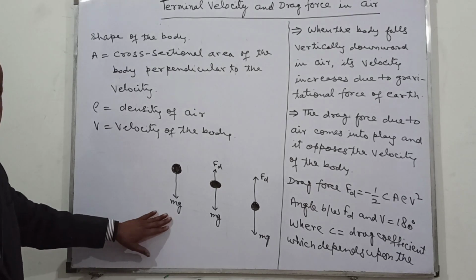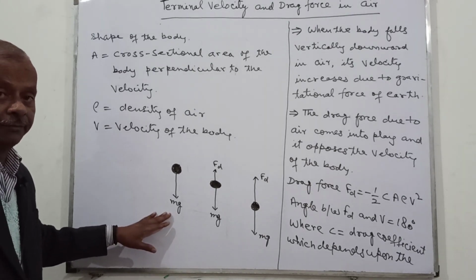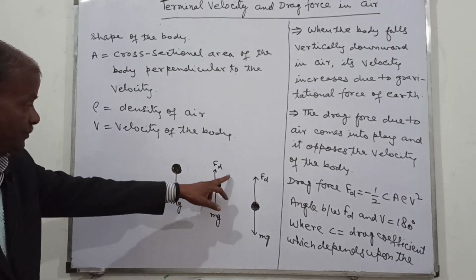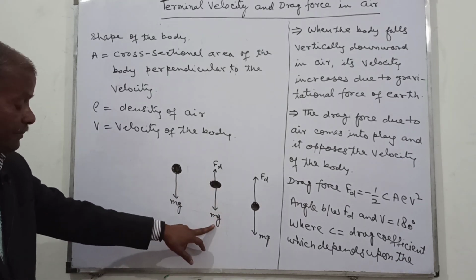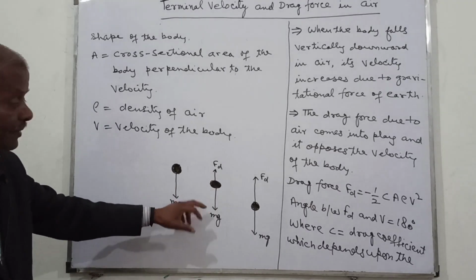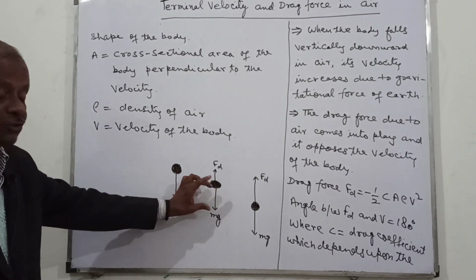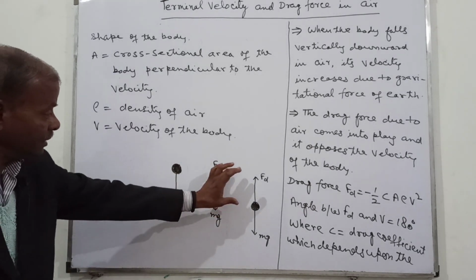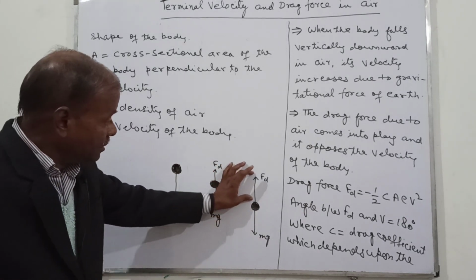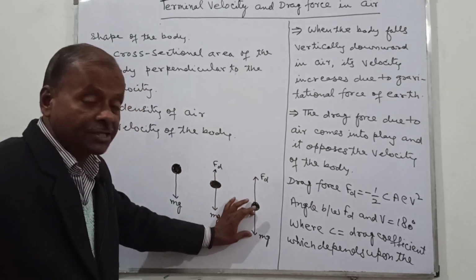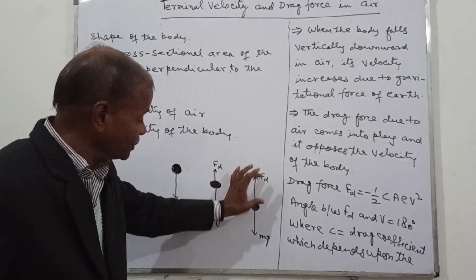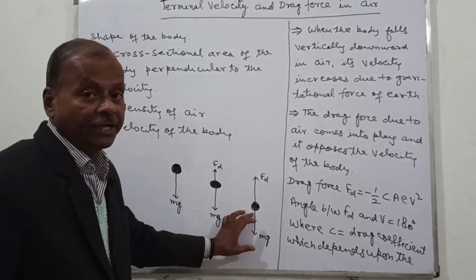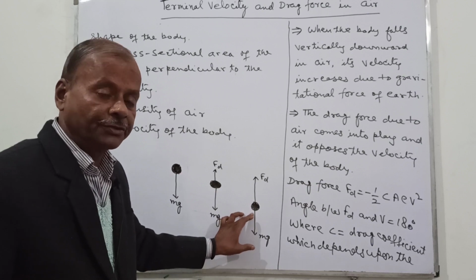So what you are looking at here? In the first case, only the gravitational force is acting. Because of that, its velocity increases continuously. As the drag force comes into play, it opposes the velocity. I have shown this by these arrows. This arrow is smaller than this one. It means that this drag force is smaller than the weight. In this stage, this arrow is equal to the arrow of mg. It means that the drag force is equal to the weight of the body. Now in this stage, the body attains the terminal velocity.